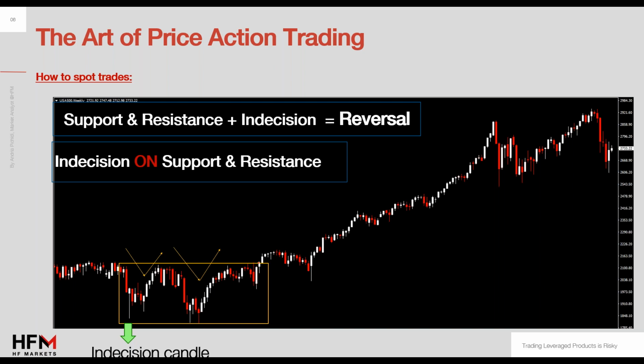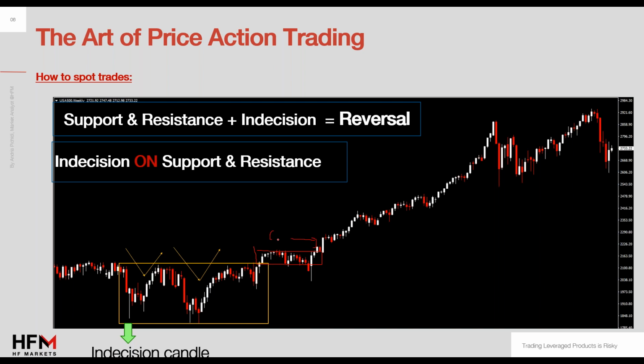Because the breakout over here of my latest resistance followed an indecision above the resistance area. So remember, this is not an entry point, but an entry point could be on the breakout, an extension above this indecision, which came here.